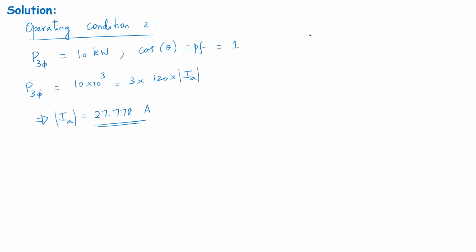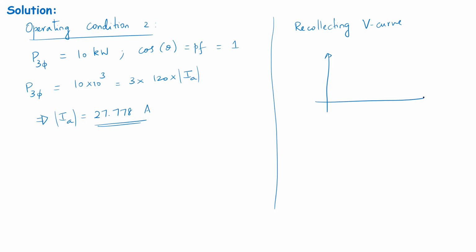If you recollect the V curve of the machine, the V curve is nothing but the curve plotted between the armature current, IA, and the field current, IF. Okay, the values are magnitudes.